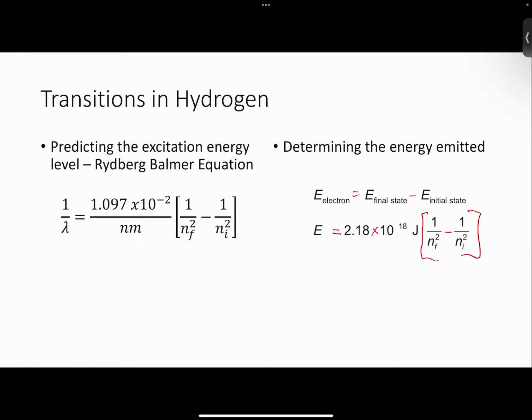If we're talking visible light, which is what you did yesterday, n sub f is 2 squared, so this is 1/4. And you have to calculate n sub i squared. I'm going to try to do that calculation so that you have something to work off of before we leave. I'm watching my time carefully.